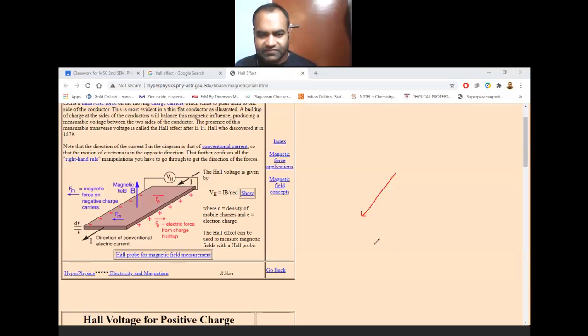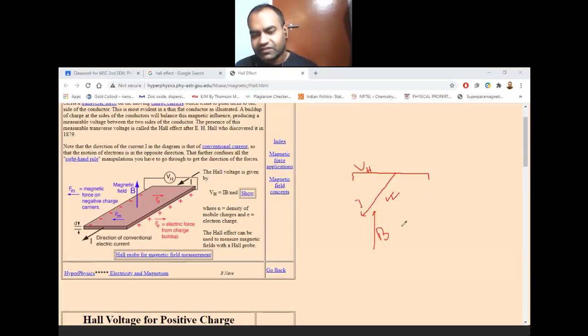This is the magnetic field, this is the current, and this, suppose I write as VH, the Hall voltage.